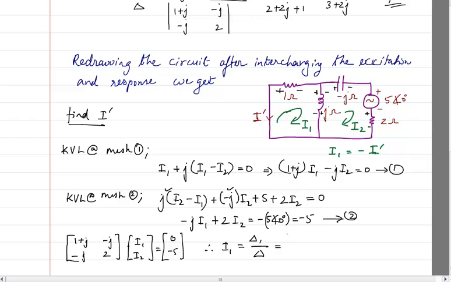So delta 1 will be 0, minus 5, and minus J, 2 divided by delta, which is 1 plus J, minus J, minus J, 2, from which I will get minus j5 divided by the same thing, 3 plus 2j, which comes out to be the same answer.